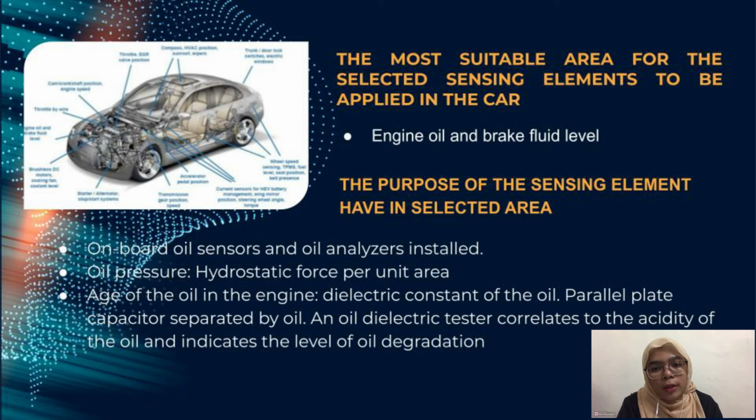Each of the oil in the engine has a dielectric constant, with a parallel plate capacitor separated by the oil. An oil dielectric tester correlates to the acidity of the oil and indicates the level of oil degradation. So I will pass to Aliff for explanation.